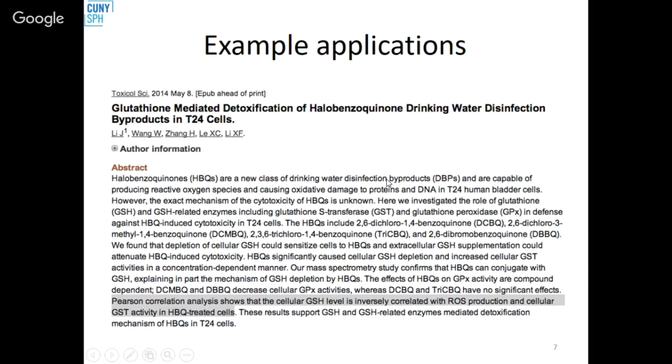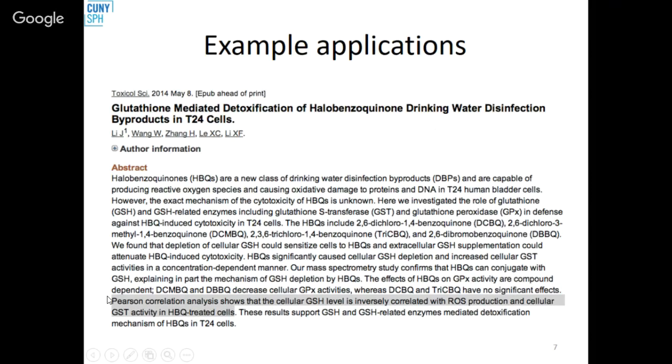So, just to give a few example kinds of applications where this might come up. This first example is a study of any relationship between water disinfection byproducts and immune T24 cells. This is a complicated abstract with a huge number of abbreviations in it.